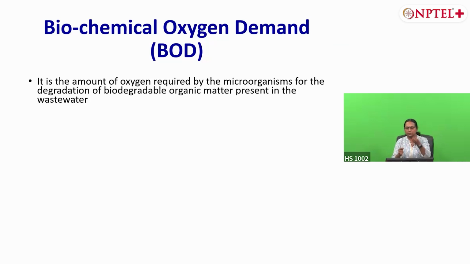They will be utilizing the oxygen present in the system and degrading the biodegradable organic matter into carbon dioxide and water. So you know the initial oxygen and the final oxygen, so you know how much oxygen is consumed by the microorganisms for the degradation. That is the biochemical oxygen demand.